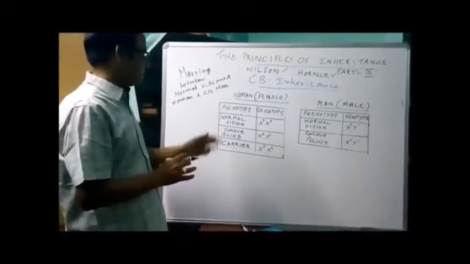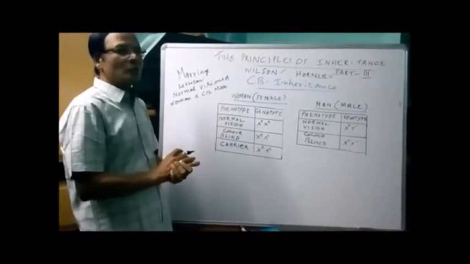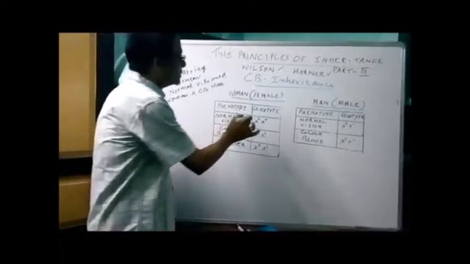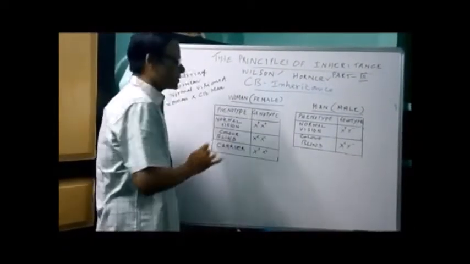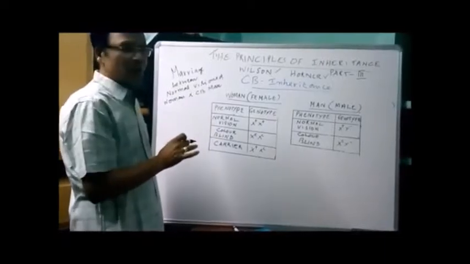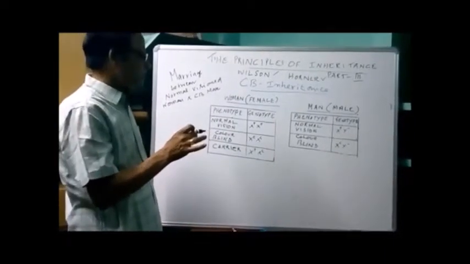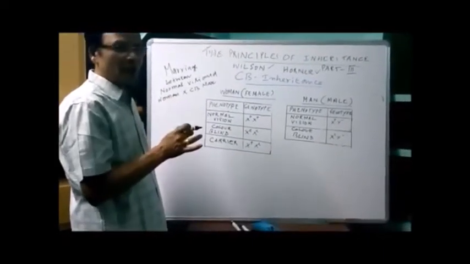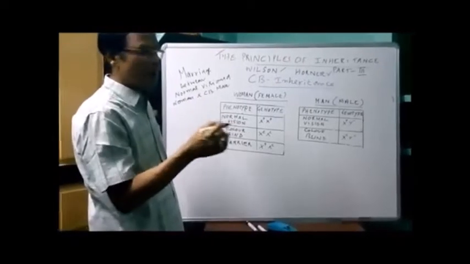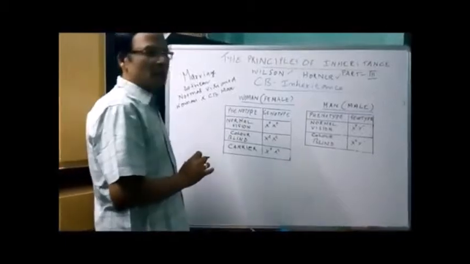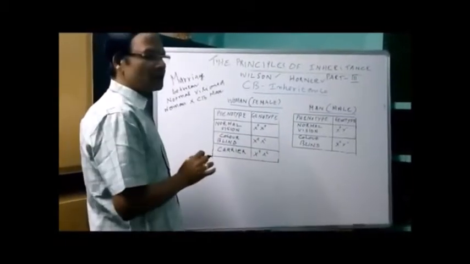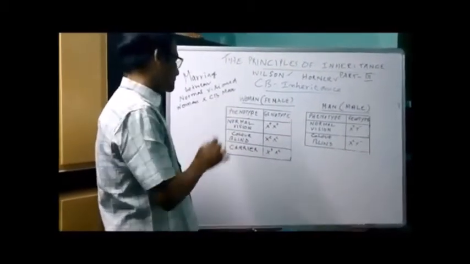People with normal vision have the gene on the X chromosome, which I indicated as plus. The superscript plus indicates the gene for the production of the pigment for the perception of different colors. So normal vision persons have the dominant allele plus.